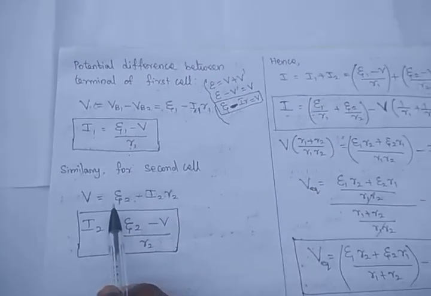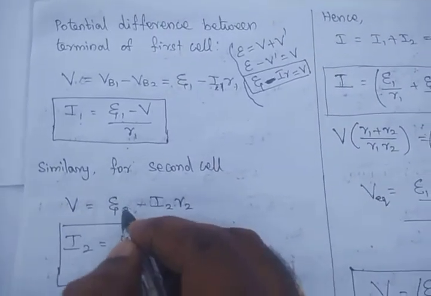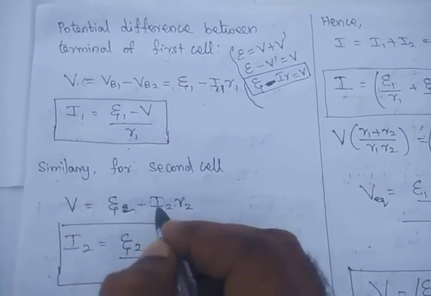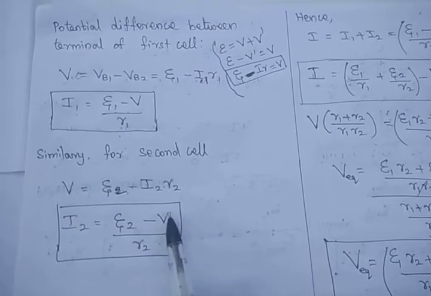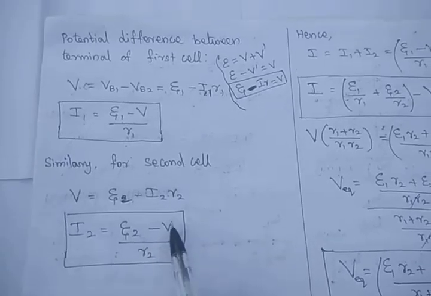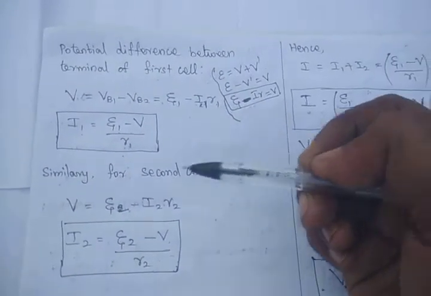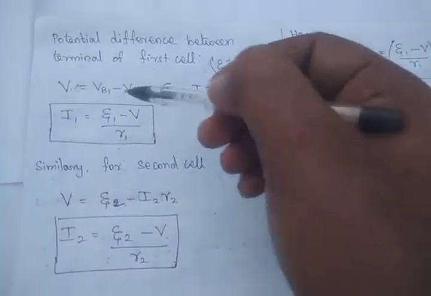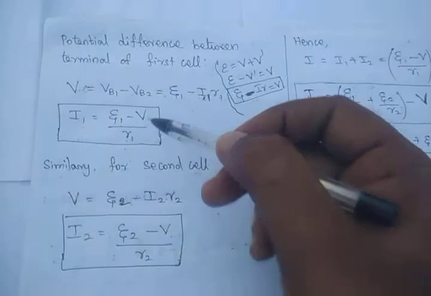Similarly, for the second cell, the potential difference is E2 minus I2 R2, then I2 is equal to E2 minus V by R2. Why are we writing V as common? Because this is a parallel combination. The external voltage across these two cells is the same. So then only we are putting that V.